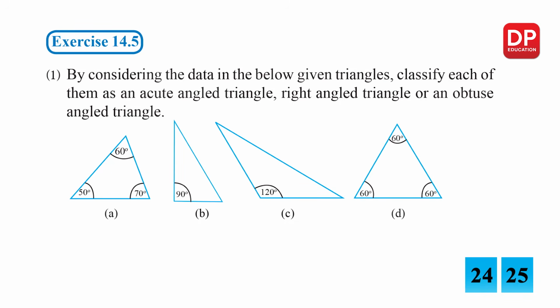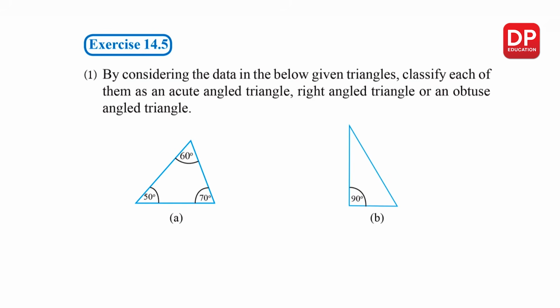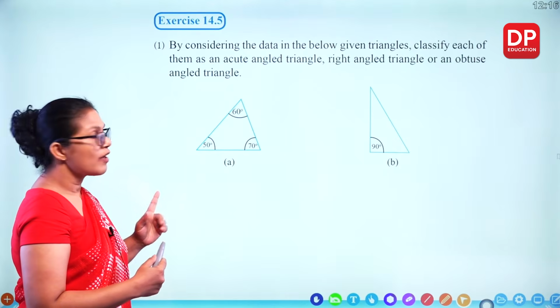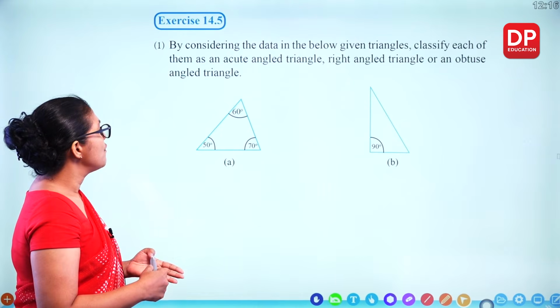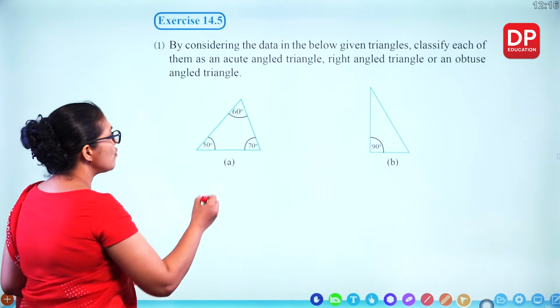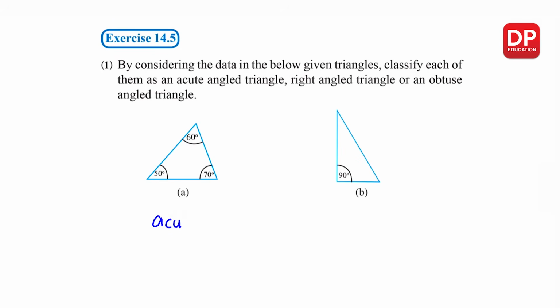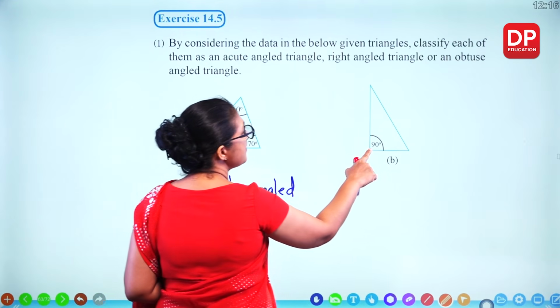Exercise 14.5. By considering the data in the below given triangles, classify each of them as an acute angle triangle, right angle triangle, or obtuse angle triangle. Look at the angles inside. 50, 70, 60, all are acute angles. So this is acute angled triangle. 90 degrees there.